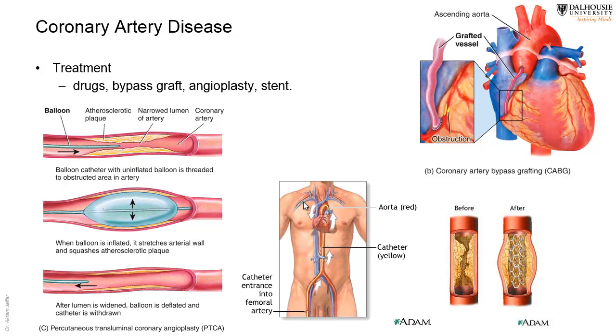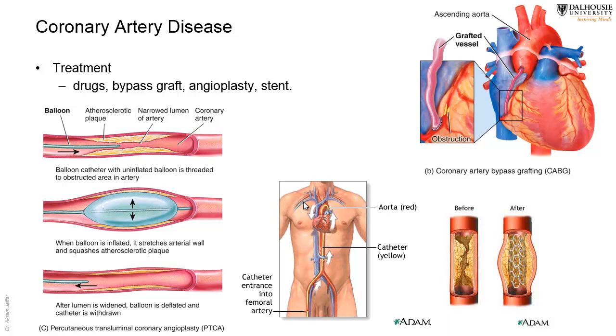The catheter is passed through the femoral vein and introduced up into the aorta, up into the arch of the aorta, ascending aorta, and then you can enter the coronary arteries, which are branches of the aorta. Of course, this is under X-ray control, and the catheter here reaches the site of the narrowing, and then a balloon is inflated. This is what we call angioplasty. You inflate a balloon, and then you deflate it and go out.